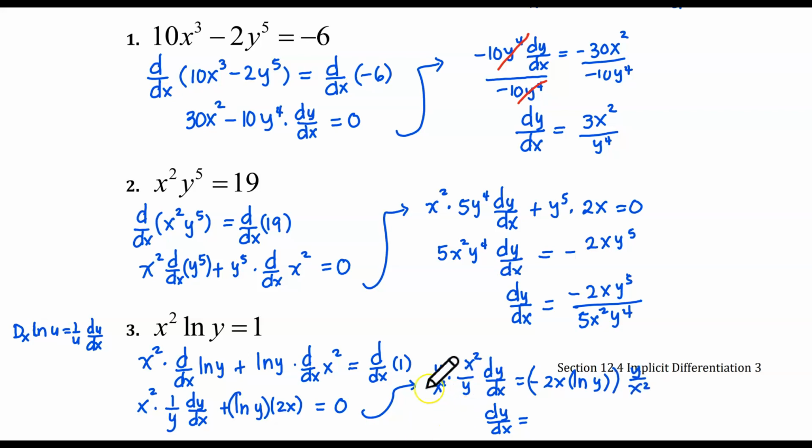If you multiply this by the reciprocal of this, that is equal to 1, you can cancel them. So therefore dy/dx is this product here. So that you can simplify that to negative 2xy ln y divided by x squared.